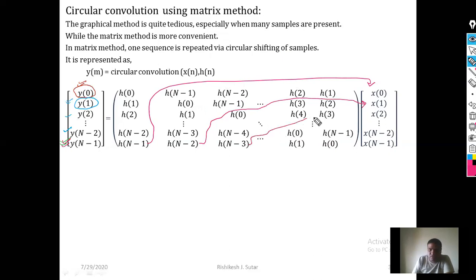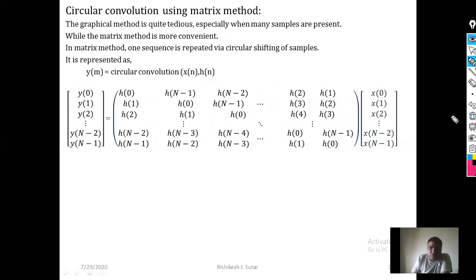This h of 3, I'm going to multiply with x of 2. Similarly, I will multiply this h of 1 with x of n minus 2 and h of 0 with x of n minus 1. So I have to multiply and take the summation of all these terms so that I will get y of n minus 1. Okay. So this is the simple procedure for calculating the circular convolution using the matrix method. Okay. So let us go further now.